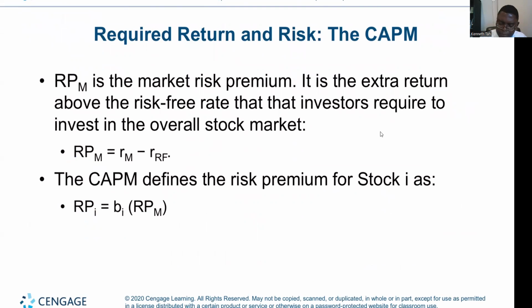So the market risk premium is basically the market return minus the risk-free rate. So the company's risk premium, therefore, is equivalent to the company's beta coefficient times the market risk premium.